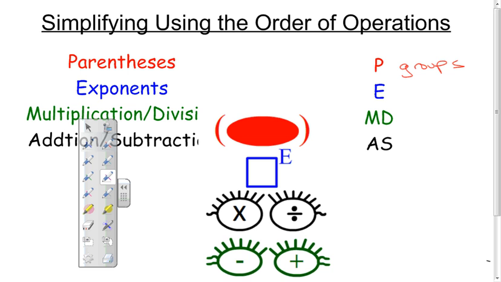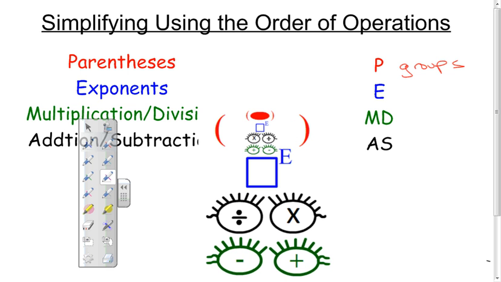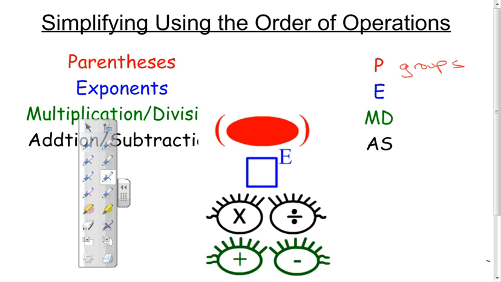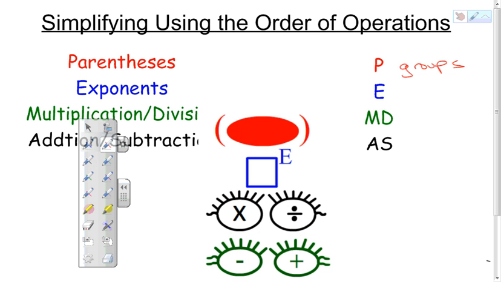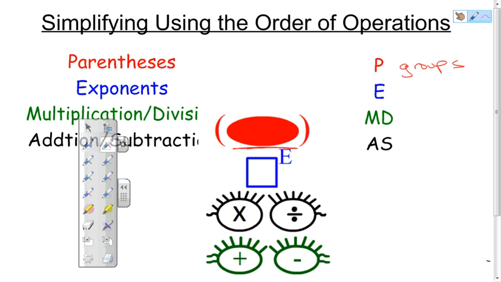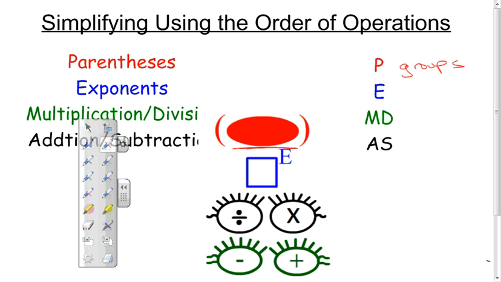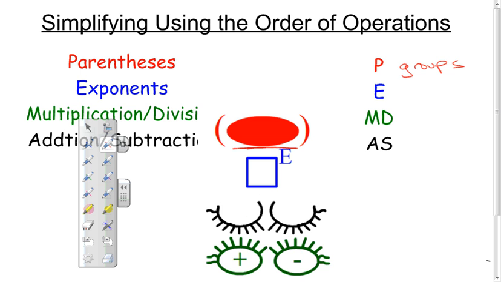Now, if you notice, this doesn't say parentheses as much as it starts up here in the red. The colors tend to match pretty well, except at the bottom where the black and green are interchanged, okay? But what I'm trying to show you here is you're trying to focus on the stuff inside the parentheses. And if there are multiple operations inside the parentheses, you treat them with PEMDAS again.